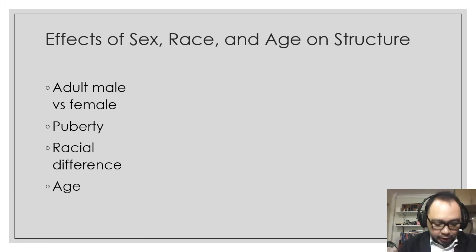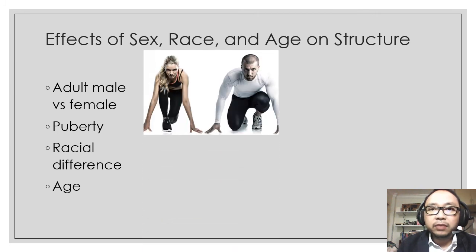It's also important to note the effects of sex, race, and age on structure. Male and female are equal, but in terms of body changes, the adult male tends to be taller than the adult female, but the adult female tends to have longer legs. The male has bones that are bigger and heavier. The muscles tend to be larger, and he has less subcutaneous fat, which makes his appearance more angular.